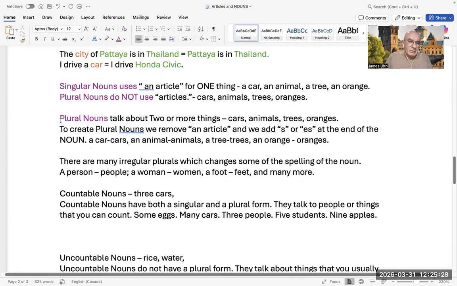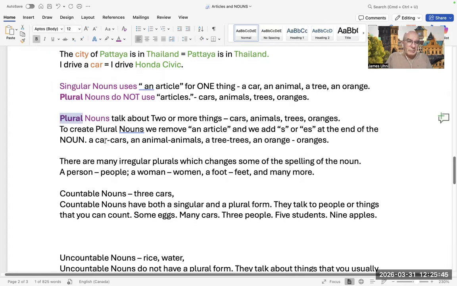So I will put plural as bold, and this is how we will distinguish the singular from plural. So I will make this all purple, and plurals I will make bold.